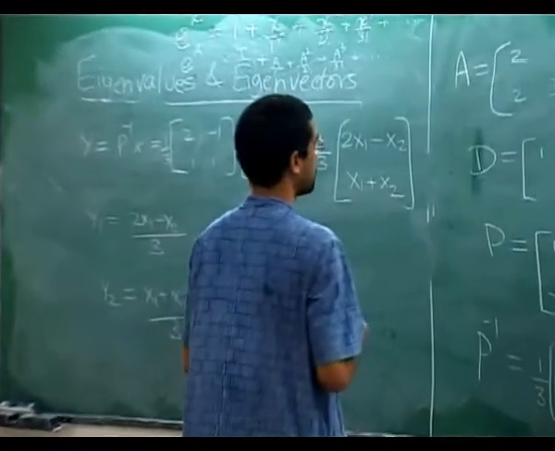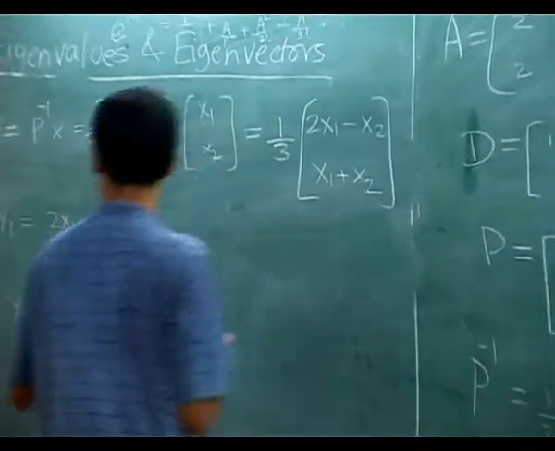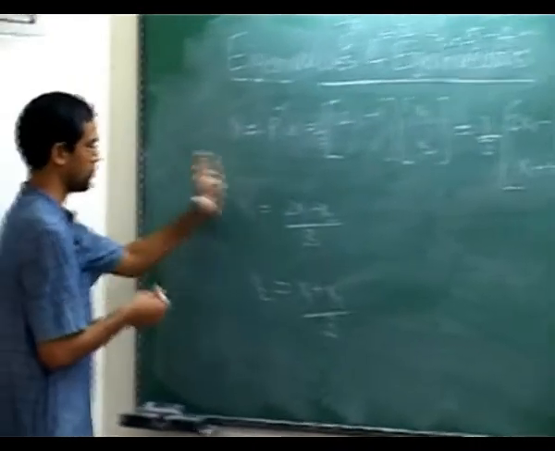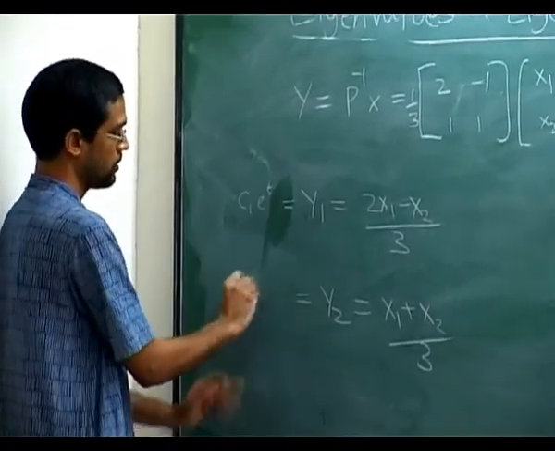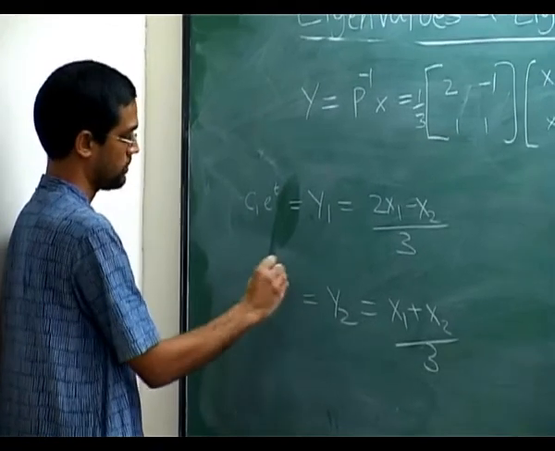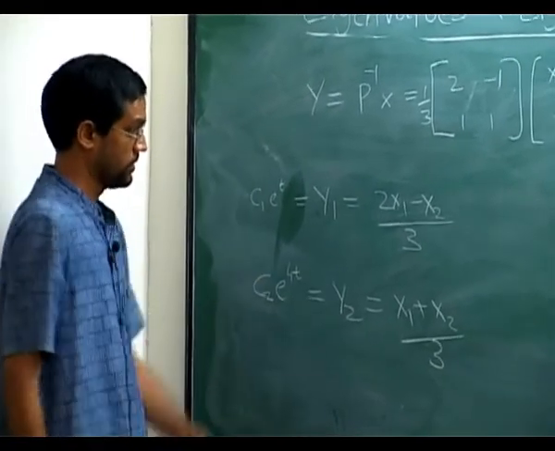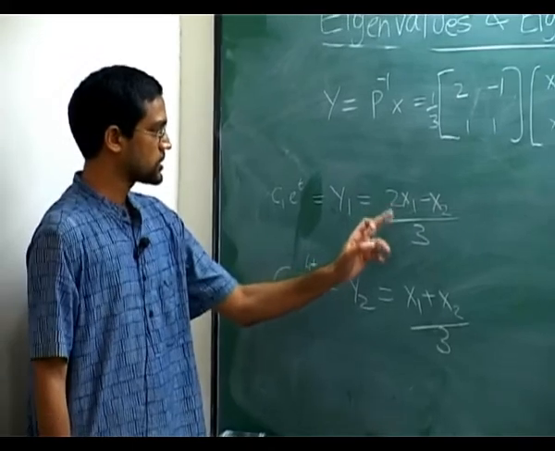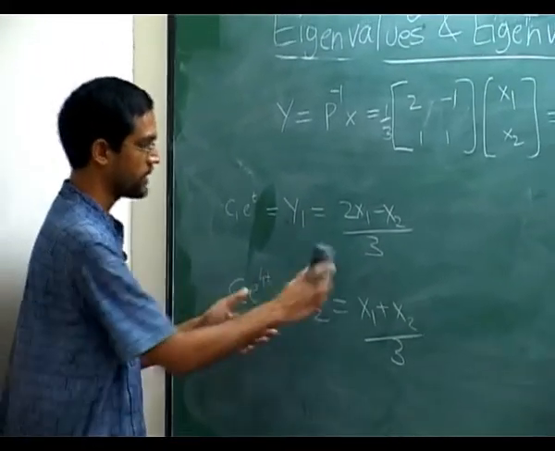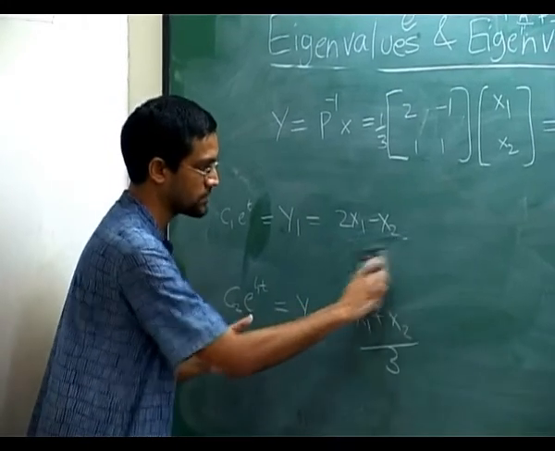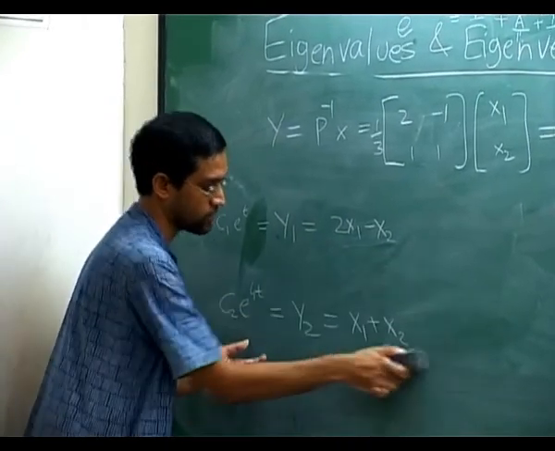I know y1 and y2, which means y1 is some e to the t, y2 is some e to the 4t. So I can think of this as giving me two equations for y1 and y2. In our earlier example, we didn't take divided by 3, right? So let me just go back to my earlier choice of y1, y2.